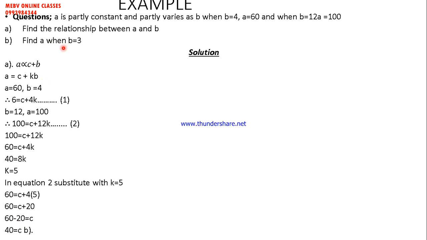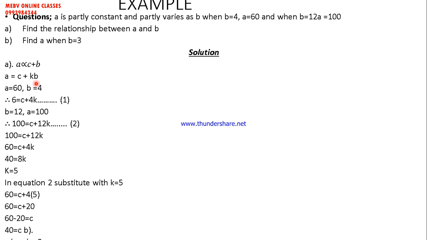Now question B says find A when B is 3. This is the final part, the third part that will give us the answer. We are supposed to take the main equation here, this equation.